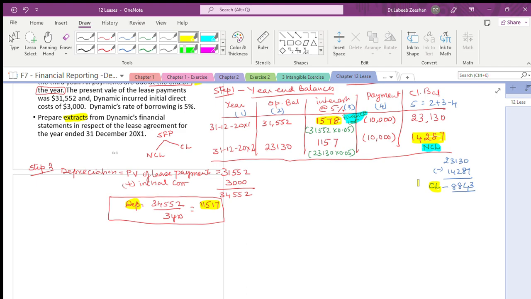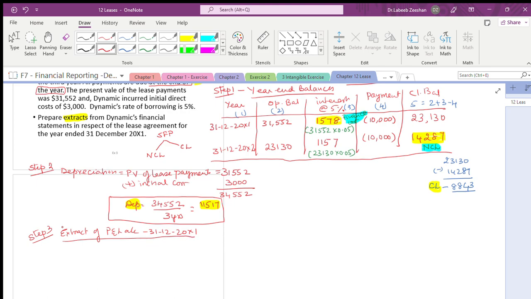Now, based on that we have to prepare the financial income statement and balance sheet. Step 3. Extract of profit and loss account, 31/12/2001.